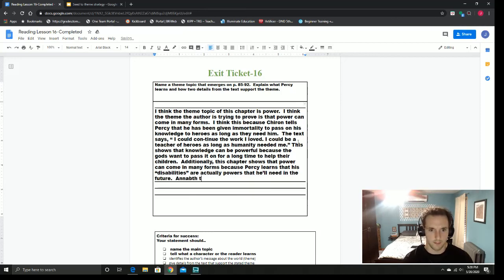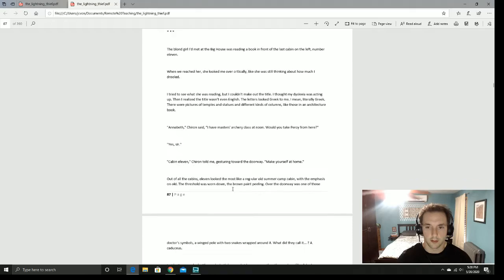Annabeth tells him, and also a way to quote we haven't really talked about, but if a character is saying it from the book, you can say what they said.